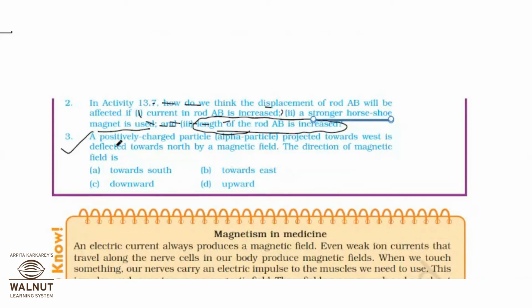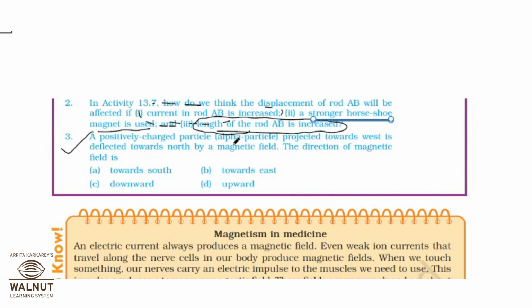Then third one is a positively charged particle, alpha particle. What are alpha particles? Helium plus or helium 2 plus? So those are basically charged helium ions, right? They are projected towards west.